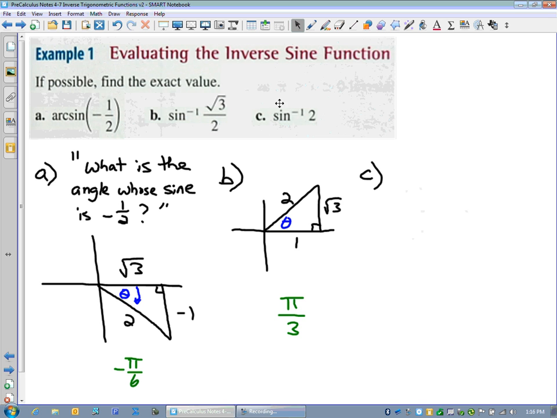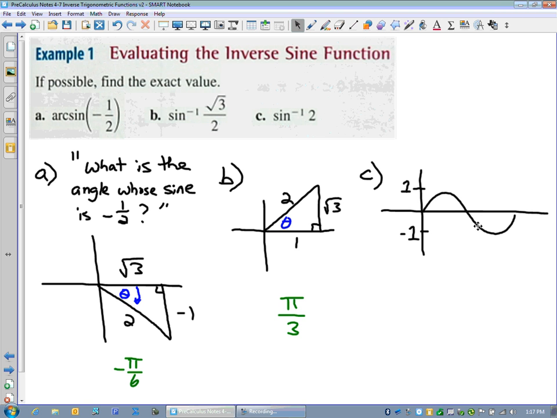Now if we look at the third one, I want the angle whose sine is 2. Well, that's actually never going to happen, because notice how this is not one of our special values that we recognize. This is one of the quadrantal or other values. So for those, I'm going to look at the graph itself. This is the first cycle of the graph of sine, which you should be very familiar with.